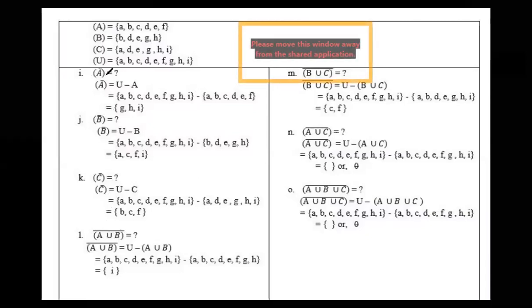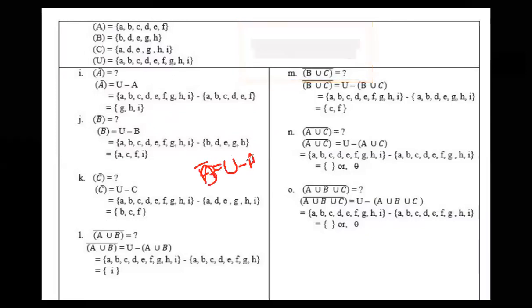Complement means except A. Whenever there is complement, the formula for this one is to subtract from the universal set. If there is A complement, subtract A from U. If there is B complement, it is U minus B.